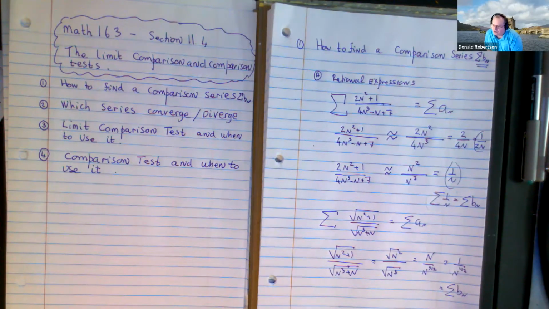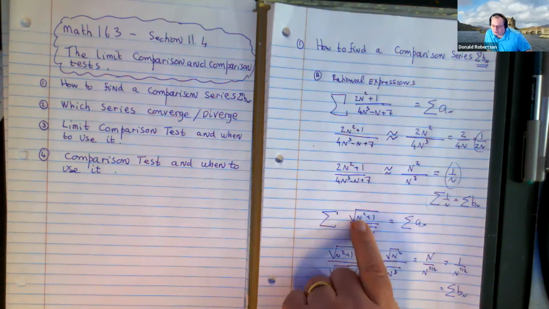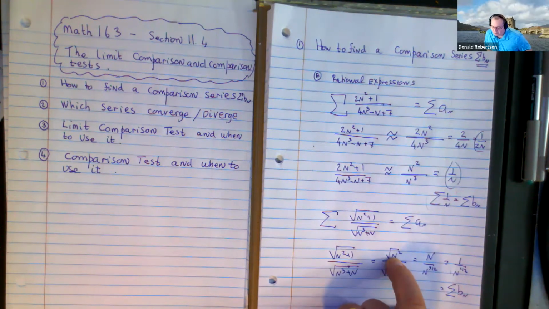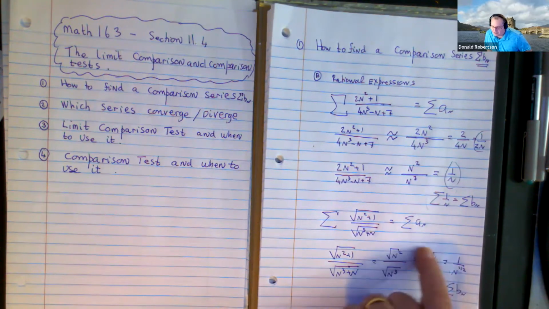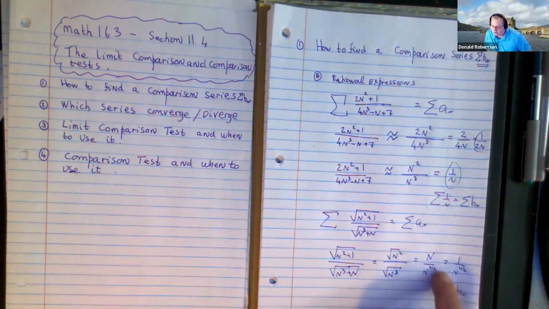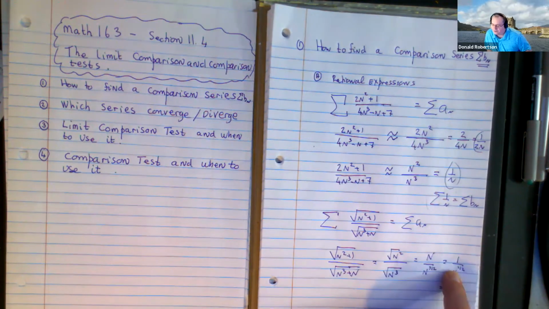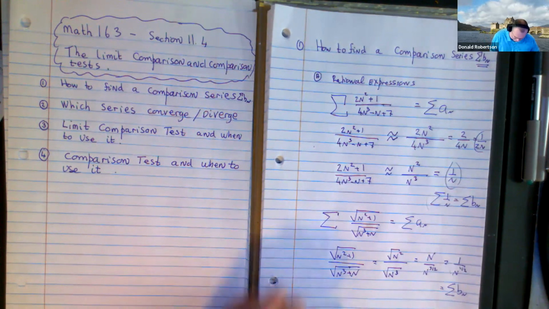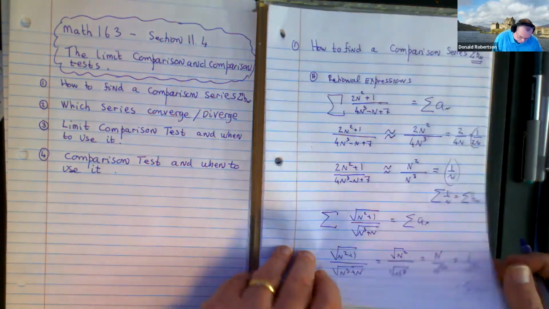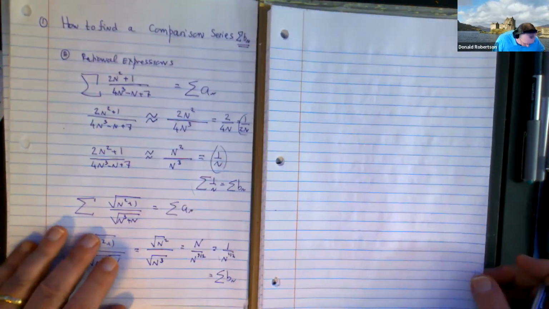You take your original and cut off all the bits that don't matter, surgery, and just leave behind the biggest power of n on the top and the biggest power of n on the bottom, and tidy it up as much as you can. And once you can't do any more, 1 over n to the half in this case, that's your comparison series. Now, there are two major types of comparisons that we use.